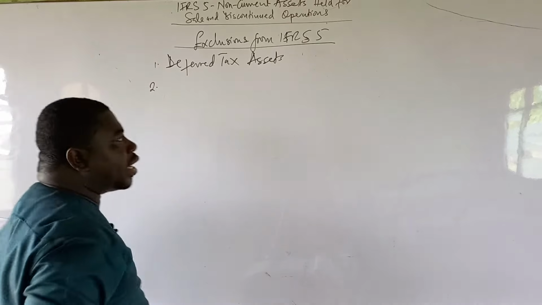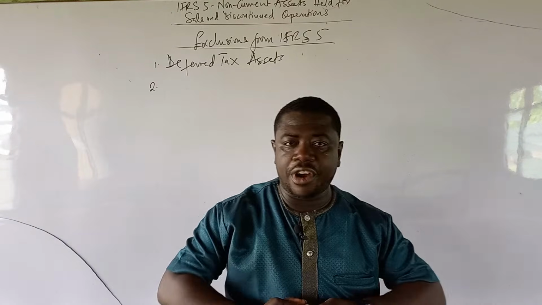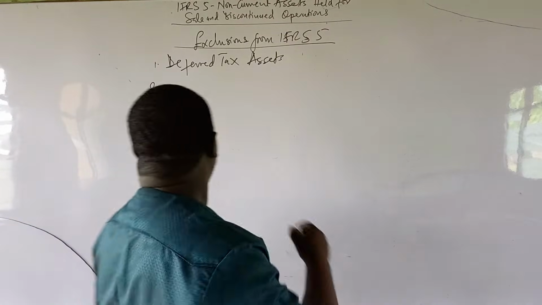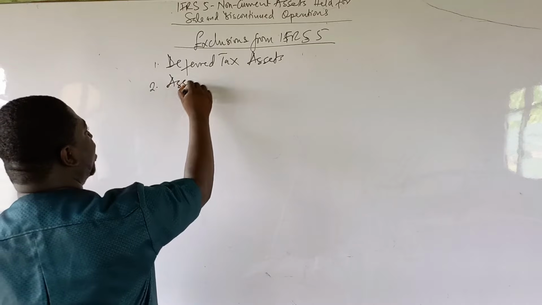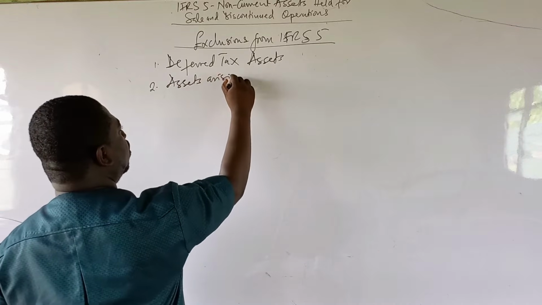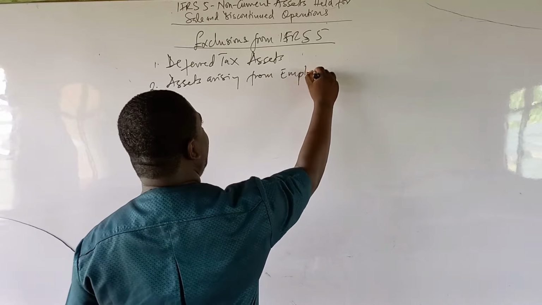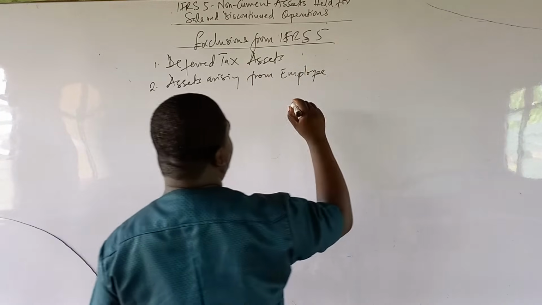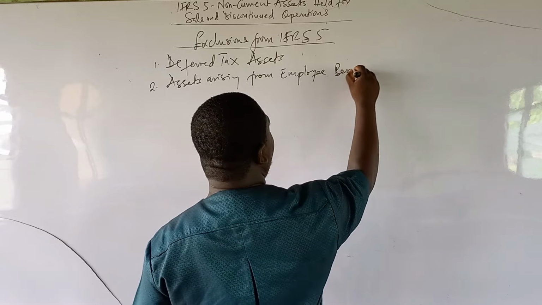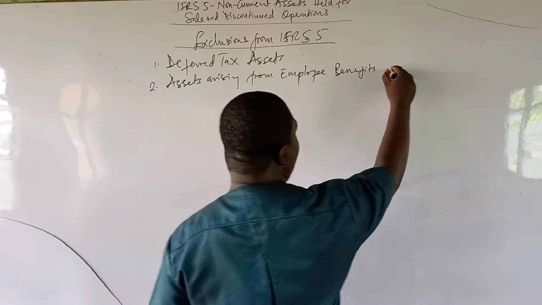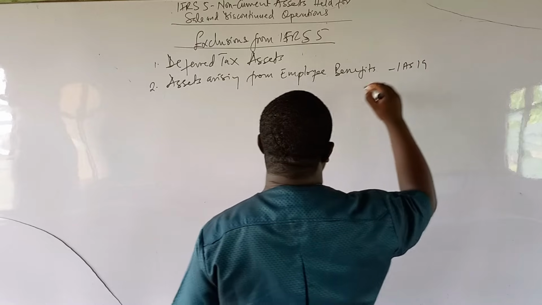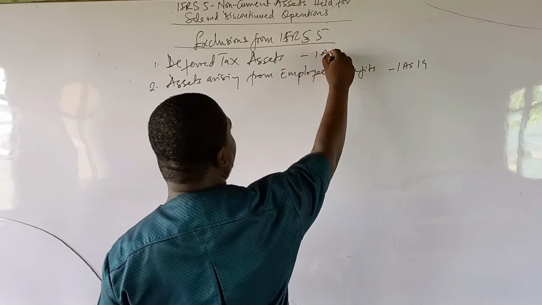And then the next one that is excluded from IFRS 5 are assets arising from employee benefits, which are also treated by IAS 19.